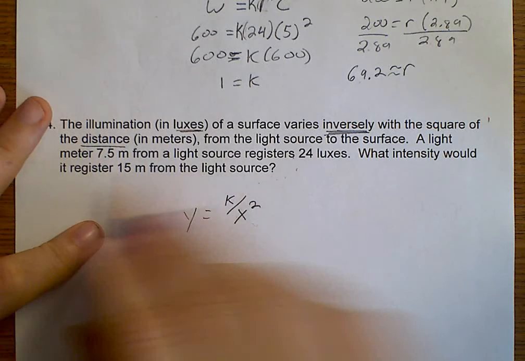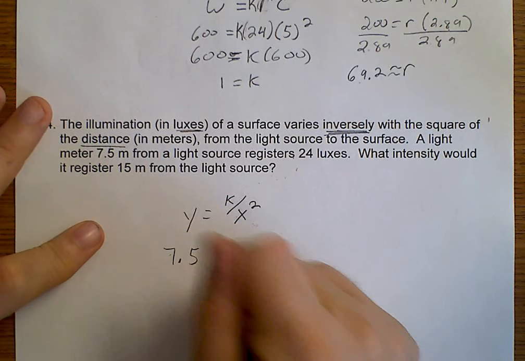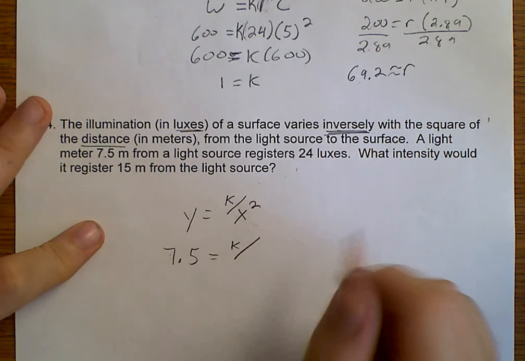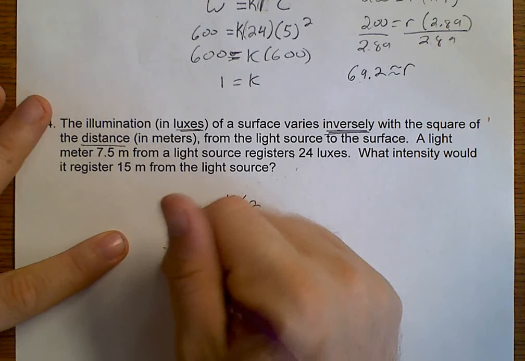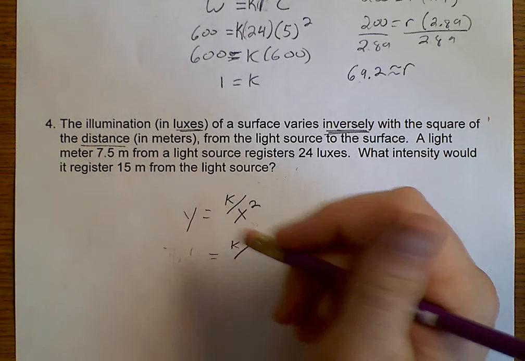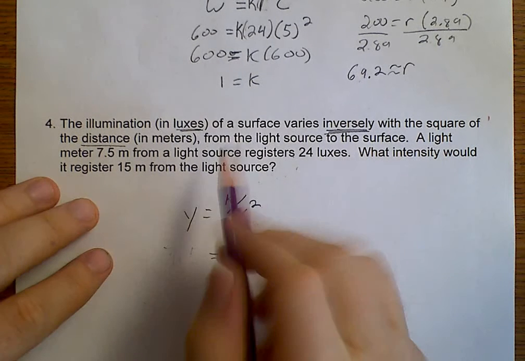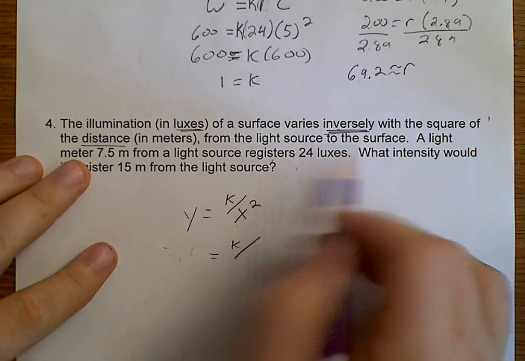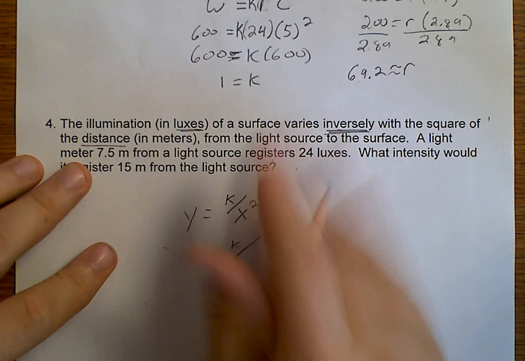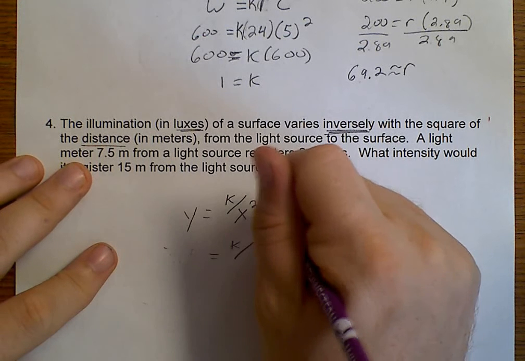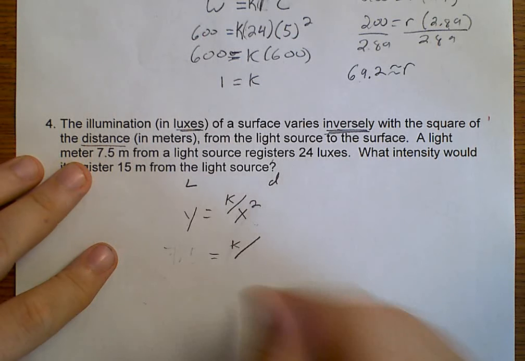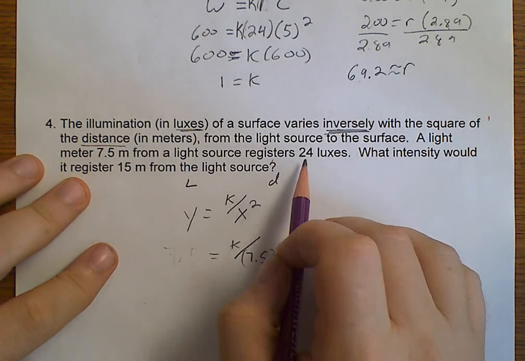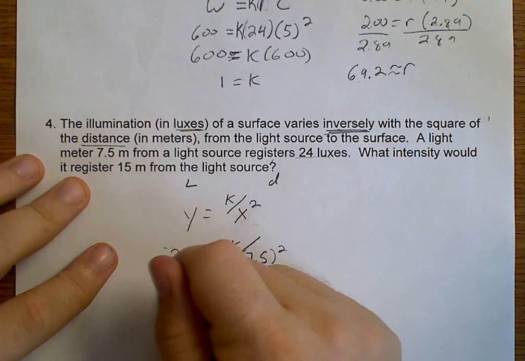So the light source being 7.5 meters equals some number divided by, luxes inversely with the light source. And the distance is what's squared. So the distance goes here, 7.5 squared. And my luxes go over here.